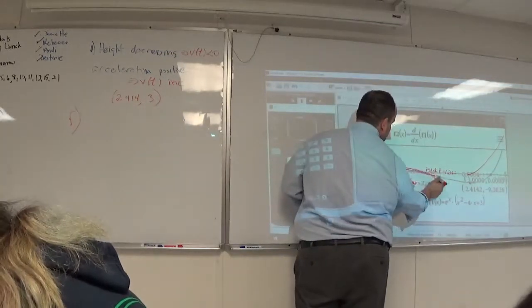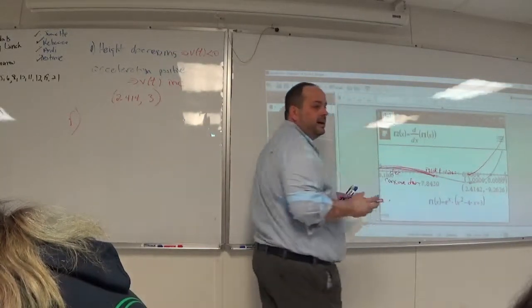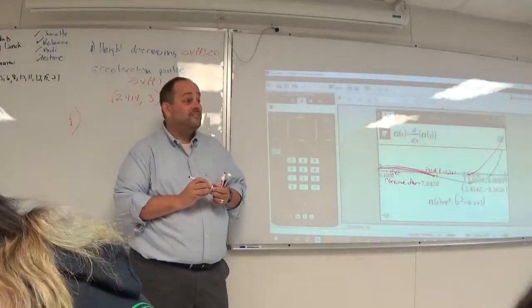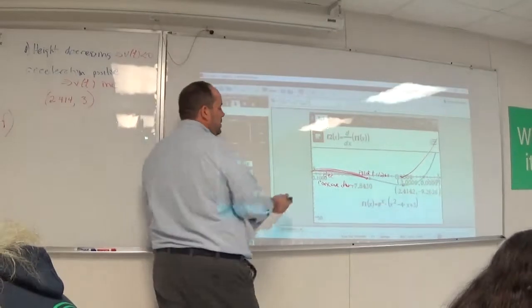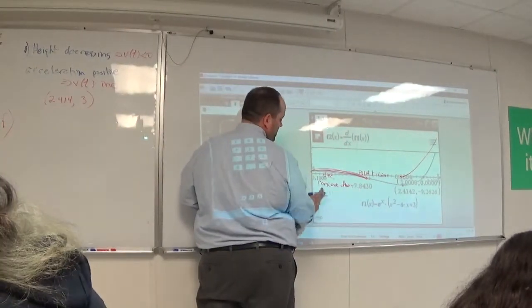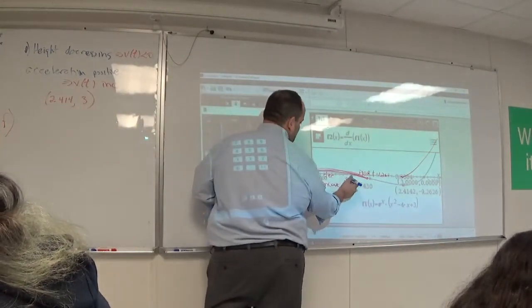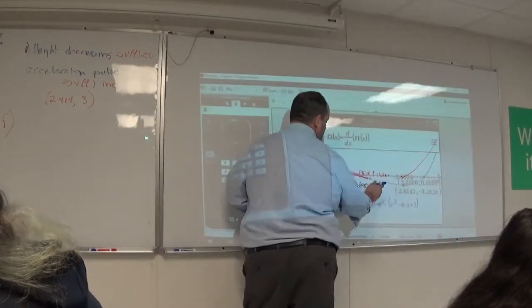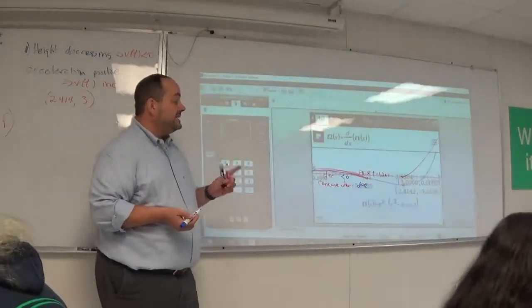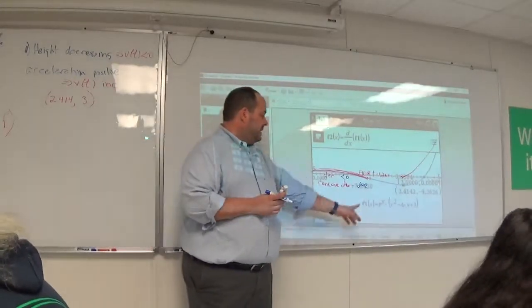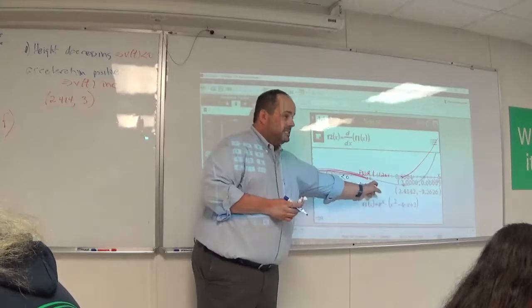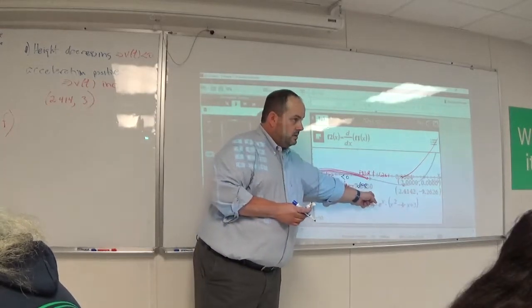Right, on this interval until I hit the point of inflection, decreasing and concave down. So if we're decreasing and concave down, what's true about acceleration? Acceleration has to be negative, and acceleration has to be decreasing, not concave up. If the velocity is concave down, then acceleration, the derivative, is decreasing.